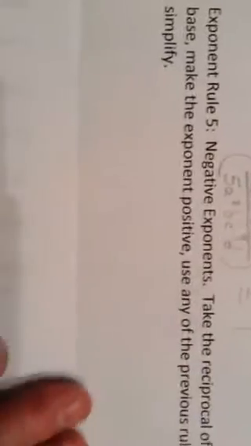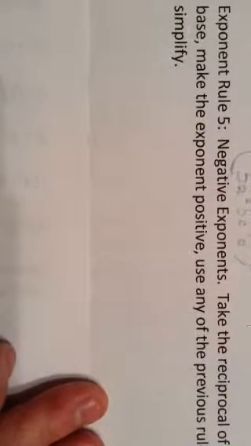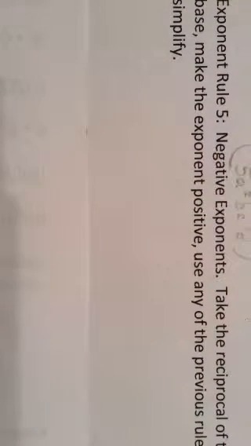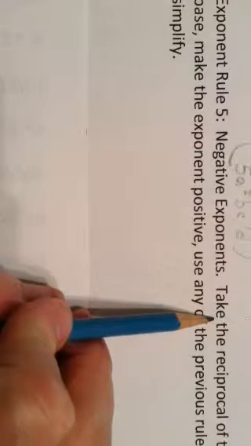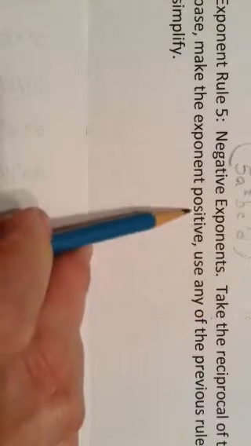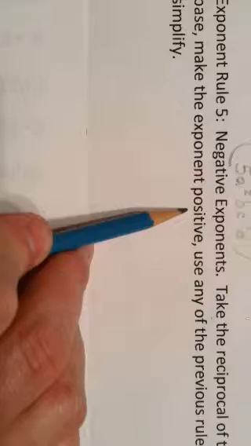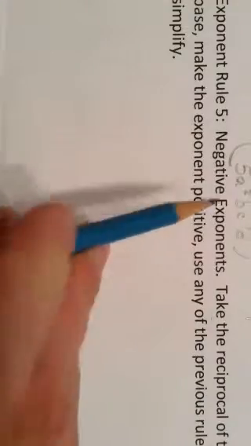All right, finally, we've got to get our decoder rings on here. Super top secret decoder. Negative exponents, we need to decode them. And it's really 2 steps. We're going to take the reciprocal of the base, and we're going to make the exponent positive. Let me show you what I'm talking about here.